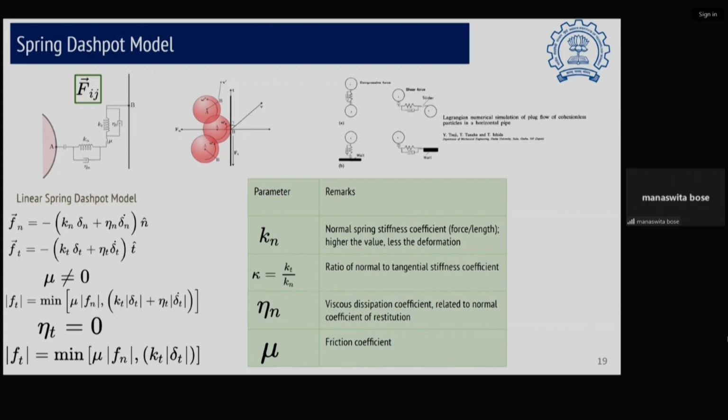So how do we decide what KT is going to be? See, in the case of the linear spring dashpot, there could be multiple ways that you could do it. It is an arbitrary choice. Because these are two springs, you could equate their time periods for normal, and by equating their time periods, you get one ratio. You could also look at other things.